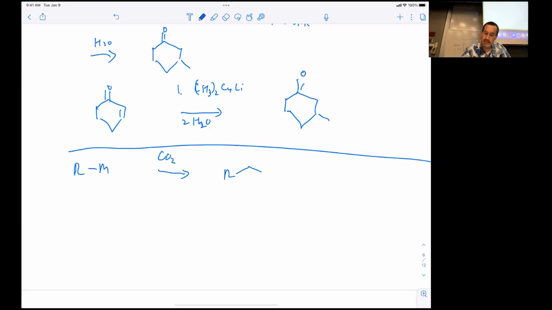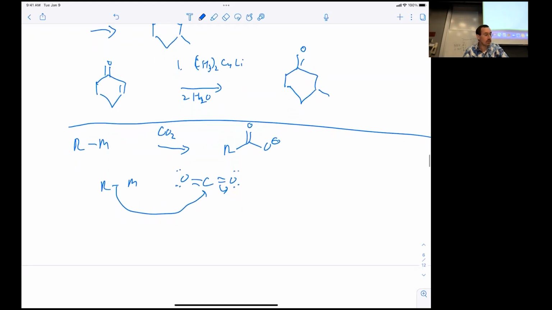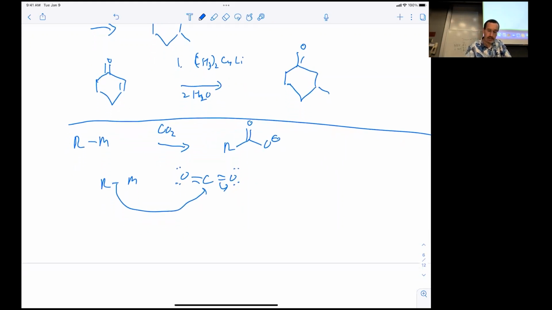And this is actually a nice way to add a carbon and make a carboxylic acid. Just like a carbonyl is reactive toward an organometallic reagent, carbon dioxide is reactive. Carbon dioxide contains 2 carbonyl groups, and your organometallic reagent can add to the carbonyl group, pushing electrons onto the oxygen to give you the carboxylate.